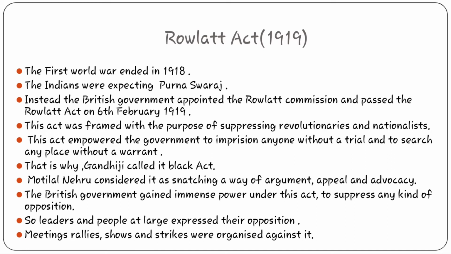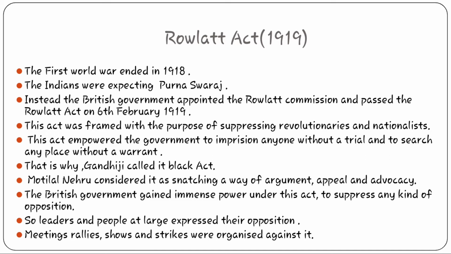Instead of giving Purna Swaraj, the British government appointed a commission under the chairmanship of Rowlatt and passed the Rowlatt Act of 1919. This act was framed with a purpose of suppressing the Indian revolutionaries and the nationalistic feelings of Indians.